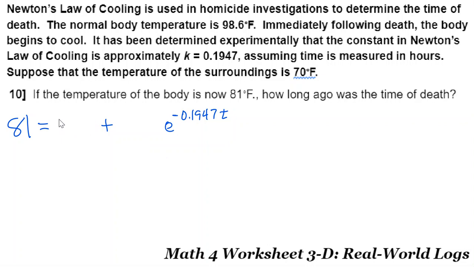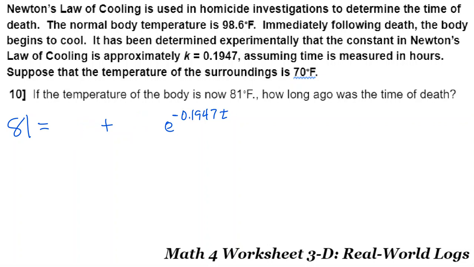All right, this is supposed to be the difference between the two, and this is supposed to be the room temperature. Wait a minute now. No, I did have that.